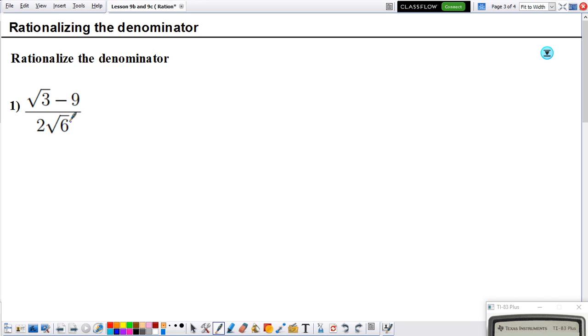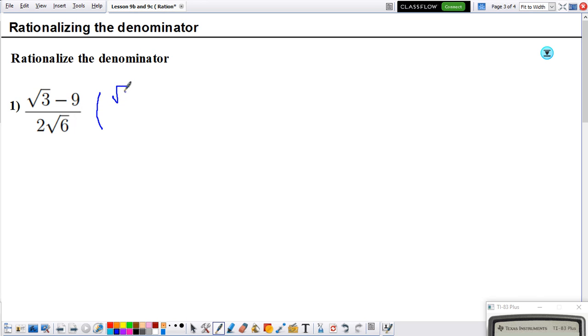So there's different ways to do it. Now, when you just have one square root or you just have one term on the denominator, all you gotta do is multiply by the square root top and bottom. Square root of 6 is what you need to get rid of because you don't want any square root on the denominator.